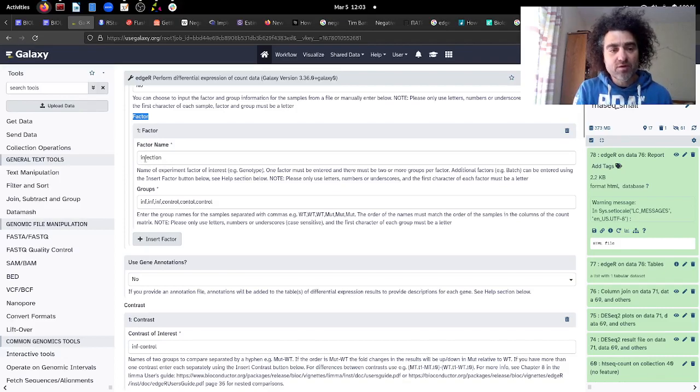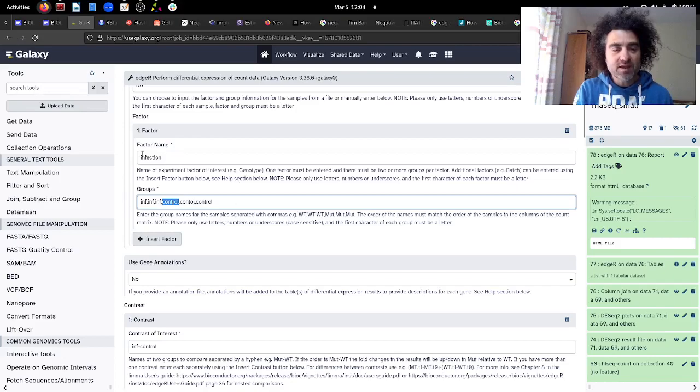This factor may take 2 values in my experiment. The first value is inf, meaning infected individual, and the second value is control, meaning non-infected individual.